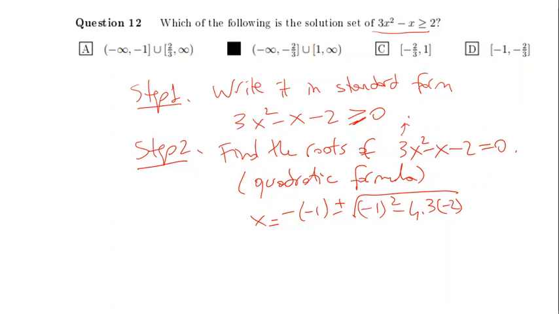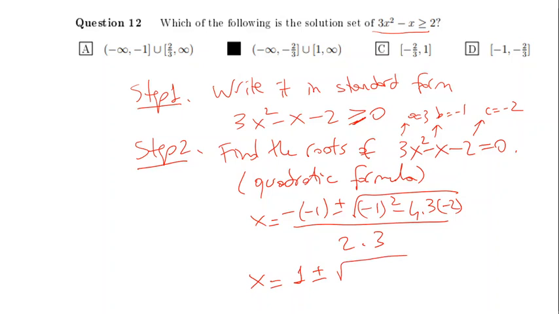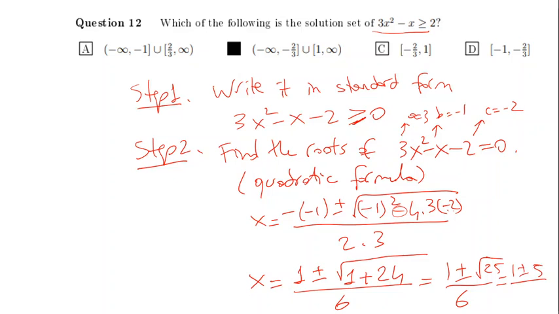So a is 3, b is here minus 1, and c is minus 2 here. So I got 1 plus minus square root of 1 minus 4 times 3 times minus 2, it makes 24, so it makes plus 24. So you see it's minus and minus, so it will be plus 24. So it will be 1 plus minus square root 25 divided by 6, which gives us 1 plus minus 5 divided by 6.